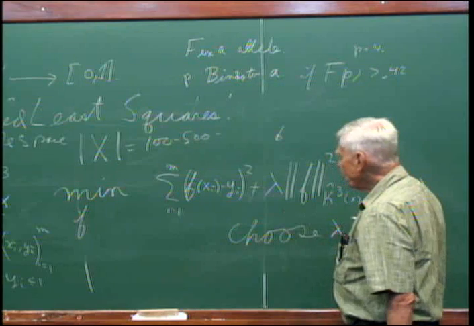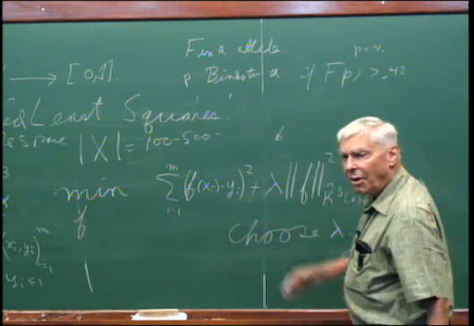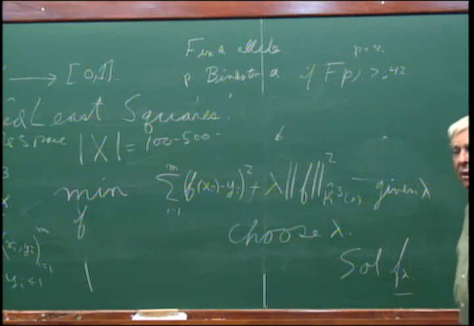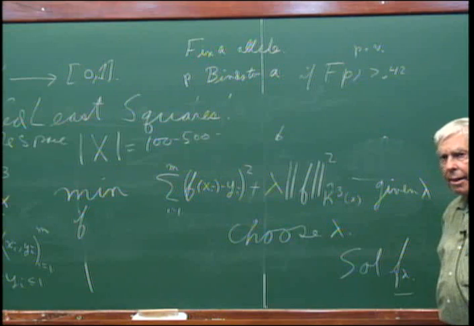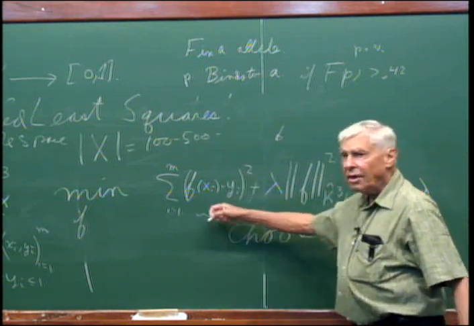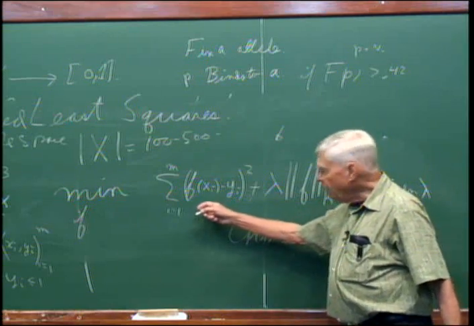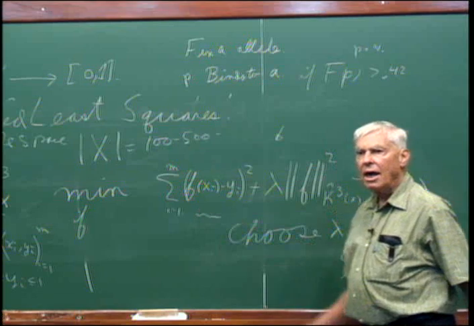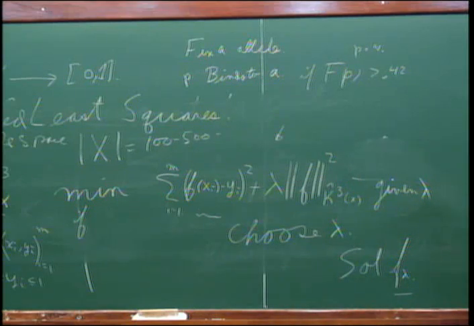You repeat that, and that gives you a better and better lambda. You can use part of the data to get a prediction on something that you know already, and that will give you a way of narrowing down the lambda.